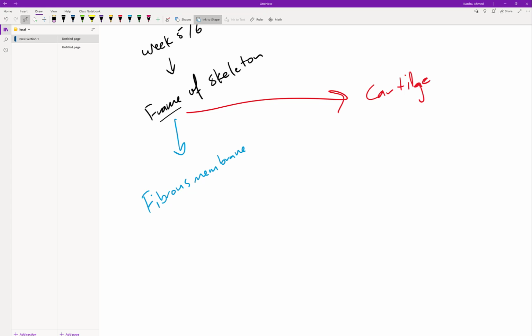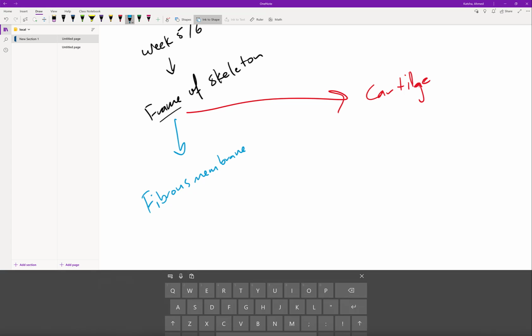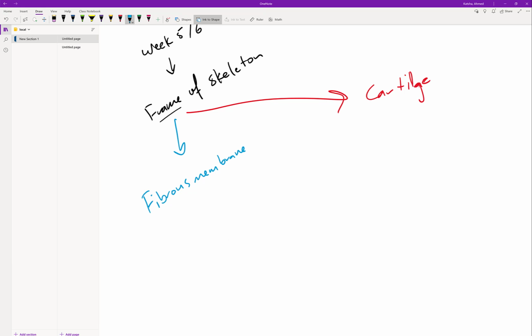So these are the two starting materials, we can say, for the skeleton. Either we have a fibrous membrane, and we said this is like fibrous connective tissue, right? A very thick membrane, and also we have the cartilage. Now, with that being said, we said the fibrous membrane is going to develop into the skull bones and the clavicles, okay?